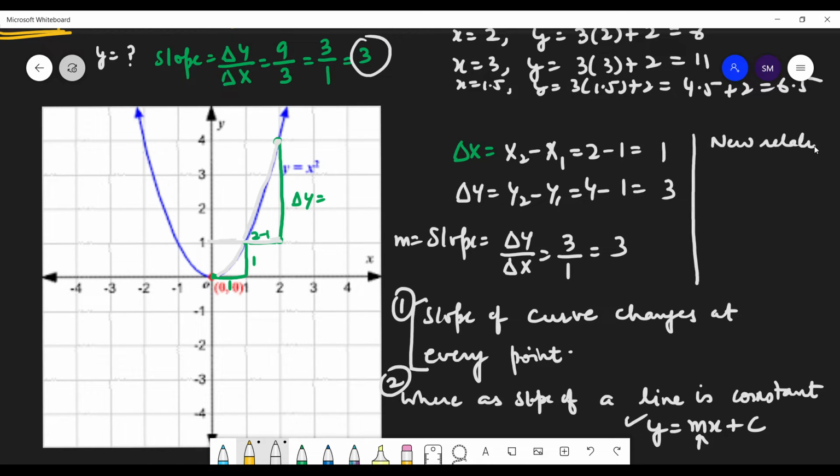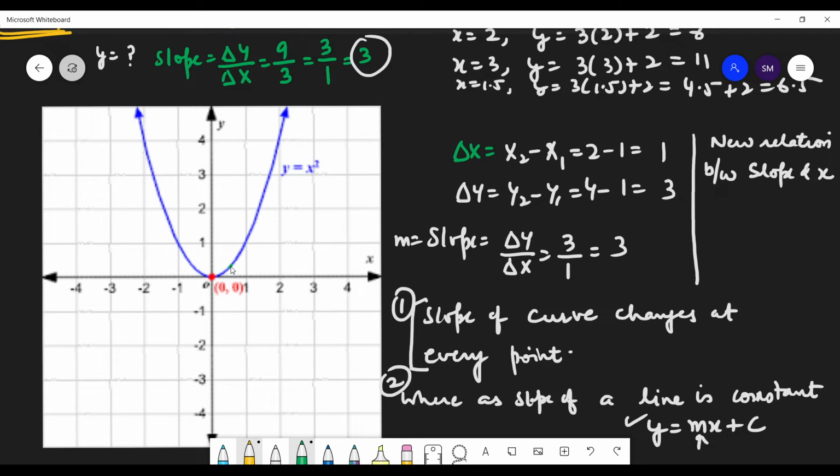New relation between what? Between slope and x. Do you want to know the relation between the slope and x, students? What is the relation between slope and x? So that you can, at any point, like I told you, find the slope. The slope at every point is changing.